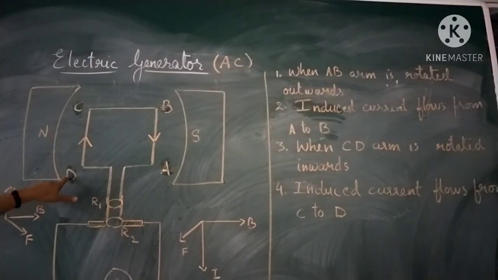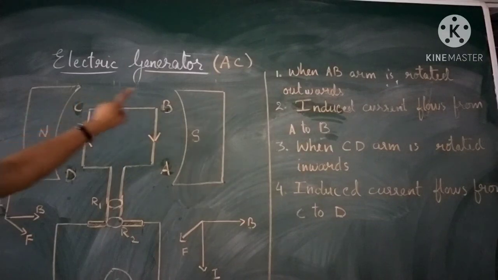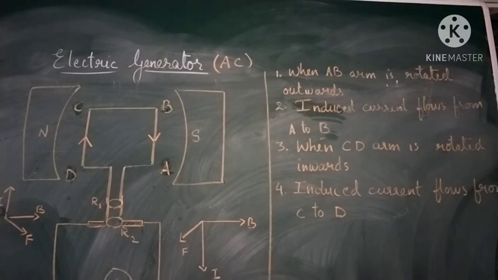It will be moving from D, C, B, A. Earlier it was moving from A, B, C, D and now it is going to move from D, C, B, A. So there is a change in the direction of the current, and because of this alternate change in the direction of the current, the name has been given alternating current or AC. And this type of generator which produces alternating current is termed an AC generator.